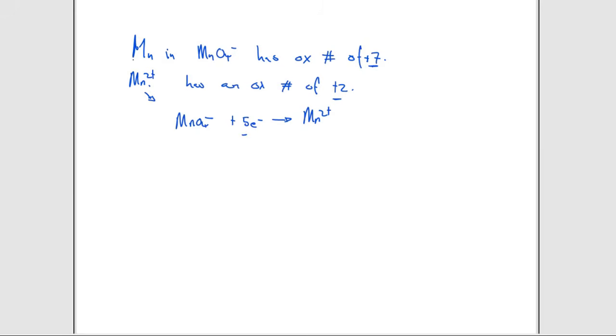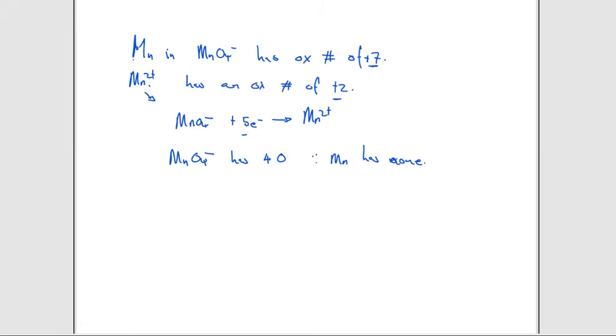Now if we were to balance the equation, we balance the oxygen using H2O. MnO4 negative has 4 oxygens, while Mn on the other end has none.